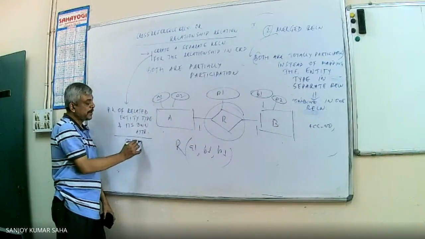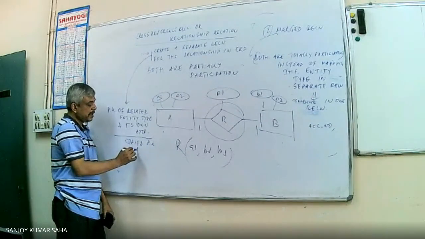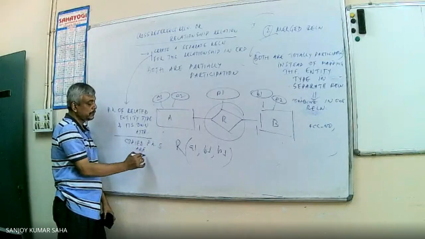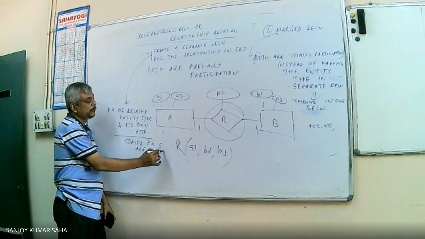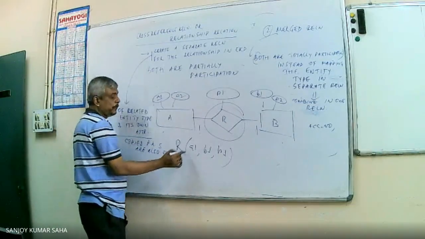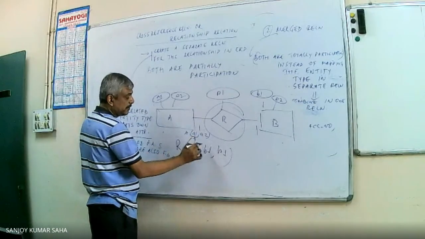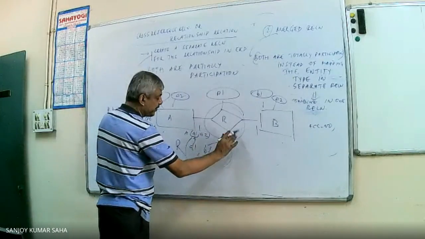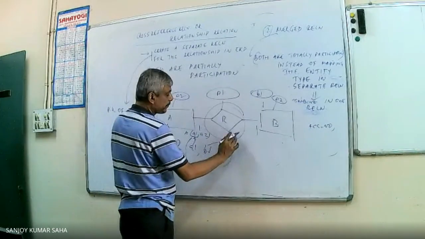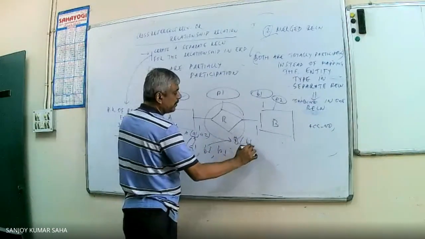See, these copied primary keys are also foreign keys. So obviously this A1 will be referring to this one, this B1 will be referring to this one.